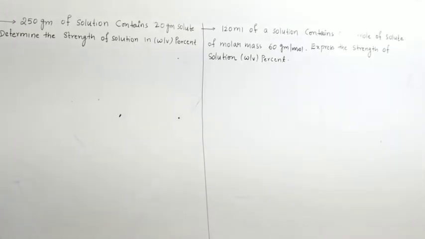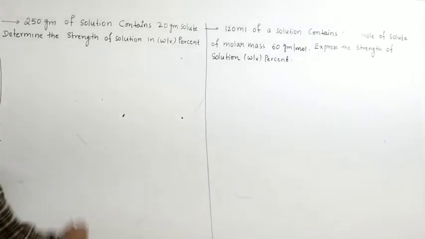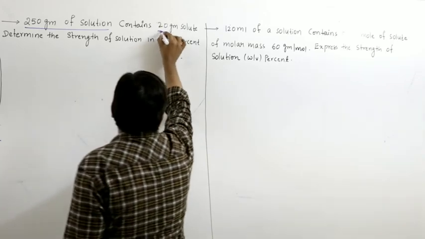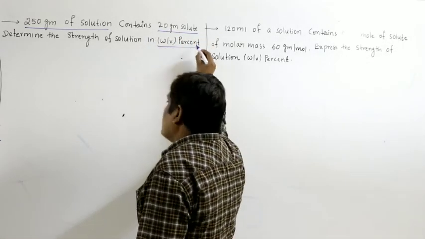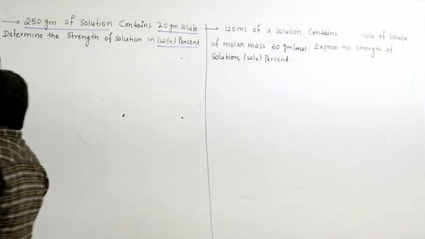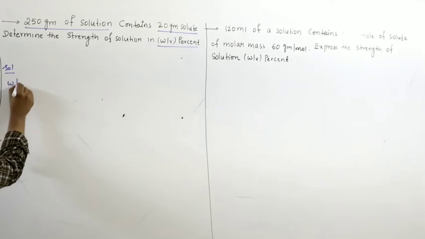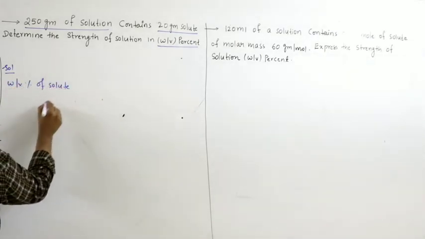Let us do some problems. 250 grams of a solution contains 20 grams of solute. So we have the weight of solution and the weight of solute. Determine the strength of solution. You have to find weight by volume percentage. So this is the equation.